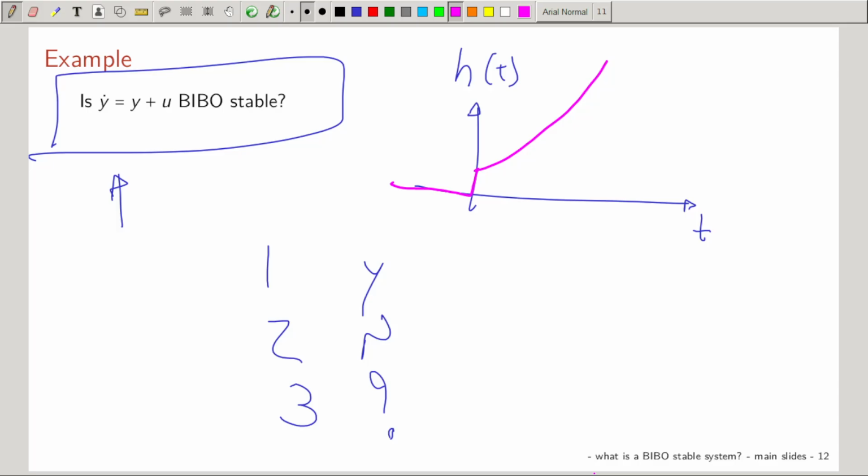True? What is the purpose of the impulse? Whenever I put u equal to Dirac delta, I hammer the system and then let it go. But whenever you move something that looks like this from an ODE point of view, as soon as I move from zero, I will escape. True? Are we together? Perfect.